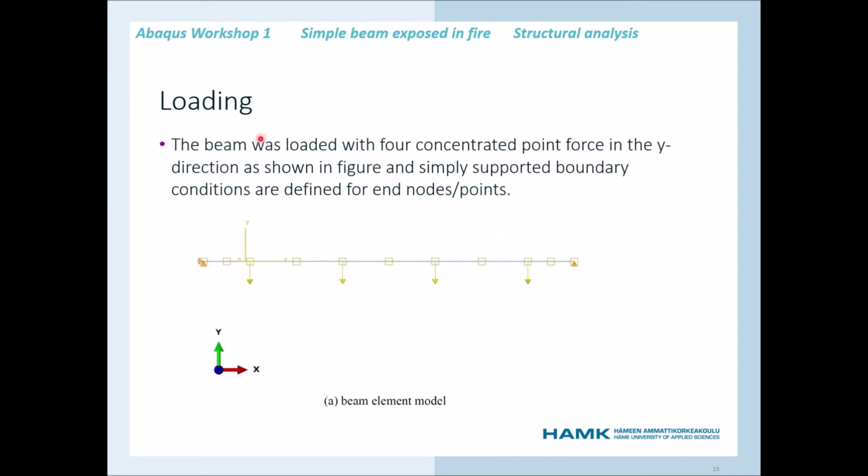Now for the mechanical loading case, the beam is loaded with four concentrated point forces in the y direction as shown in this figure, and simply supported boundary conditions are defined at the end nodes, or these points, at both ends.